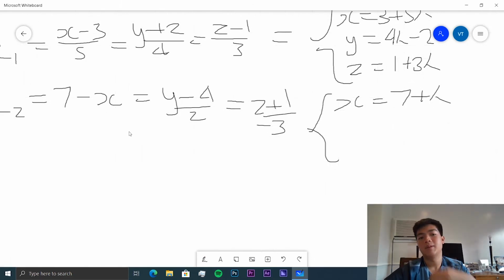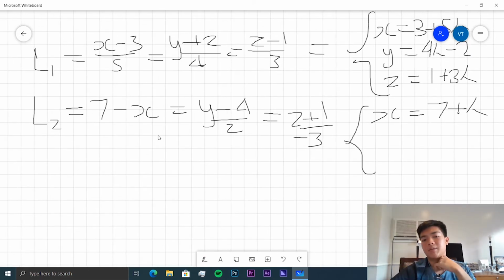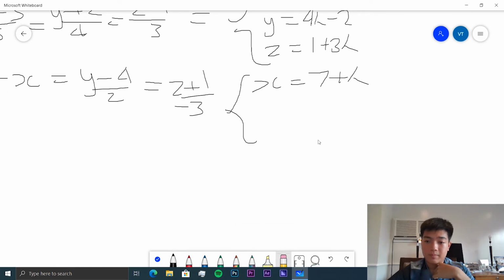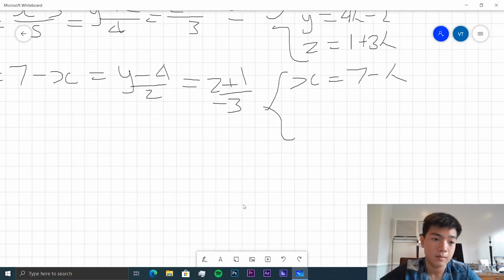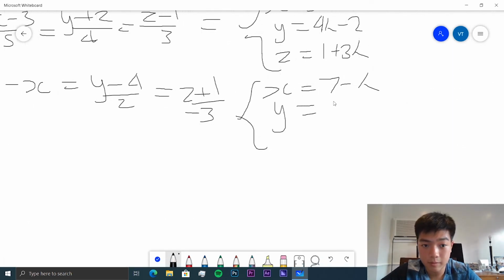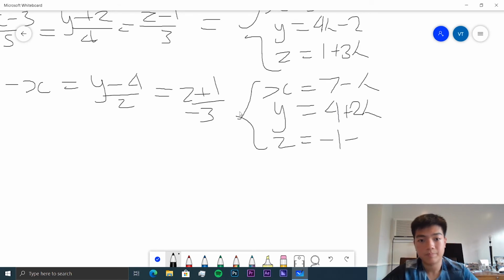Yeah, because, wait, hold on. Negative x is equal to negative 7 plus lambda. Oh, so this is 7 minus lambda. Y is equal to 4 plus 2 lambda, and z is equal to negative 1. Oh, this is minus 3 lambda.